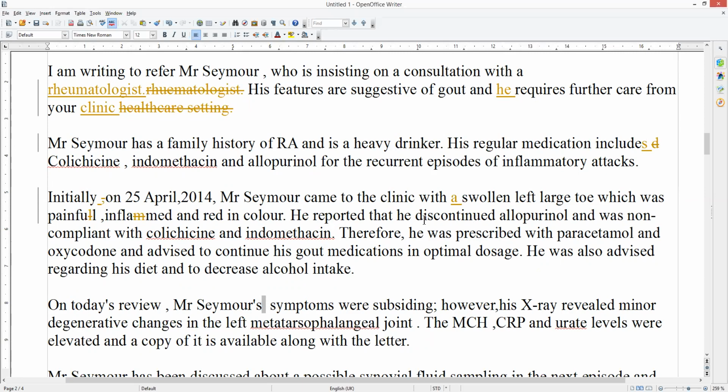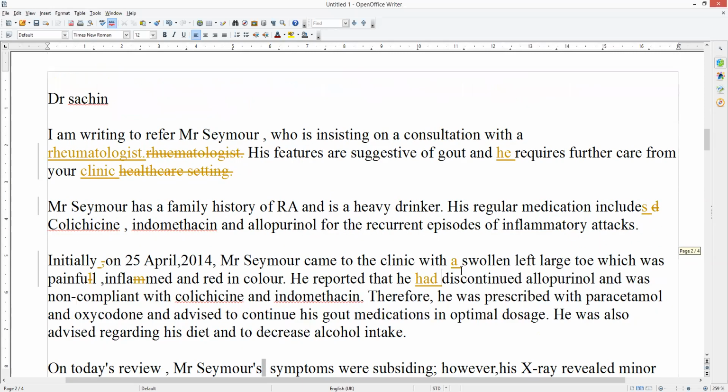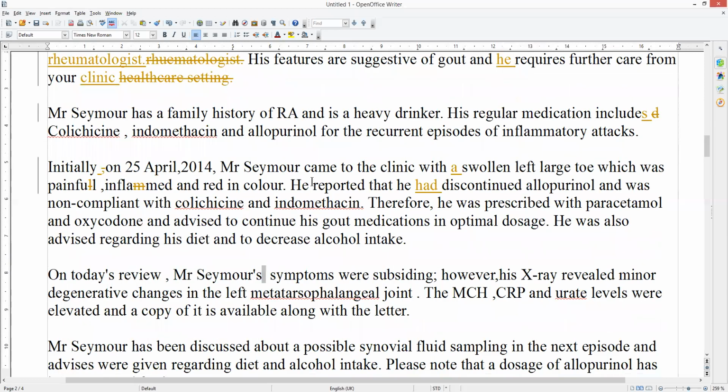He reported that he discontinued, that he had past perfect, because we've got the simple past here, reported, and past perfect there. So this outlines a sequence of events. Now, had this continued, past perfect is farther back in time, reported is closer in time.